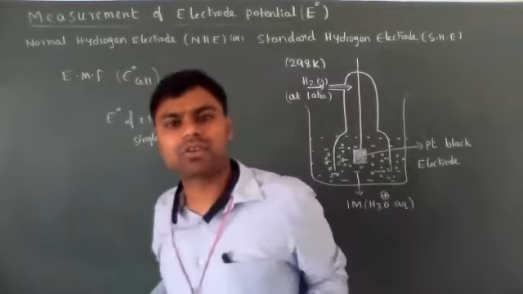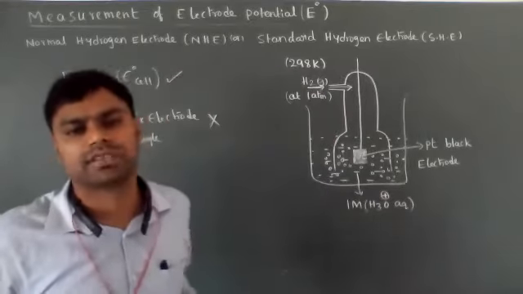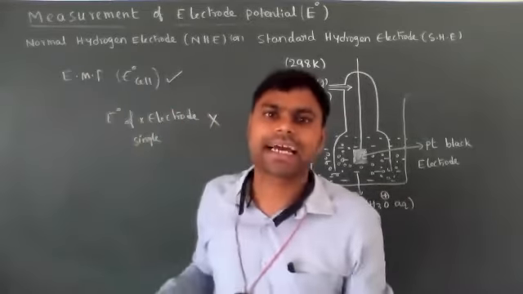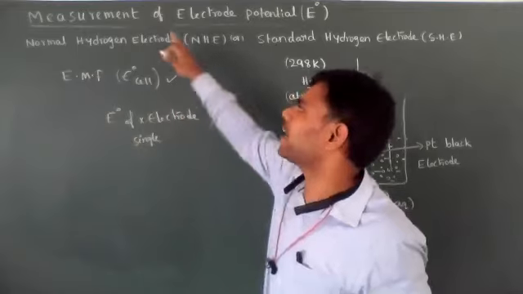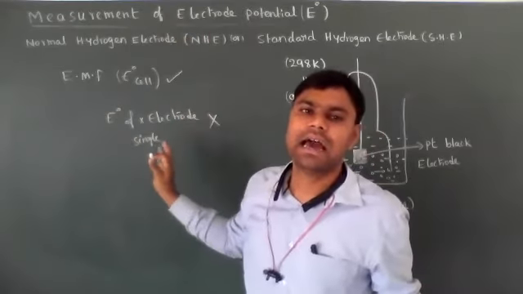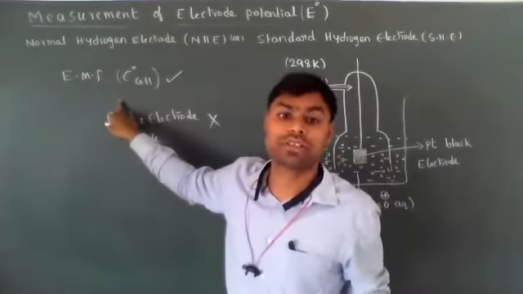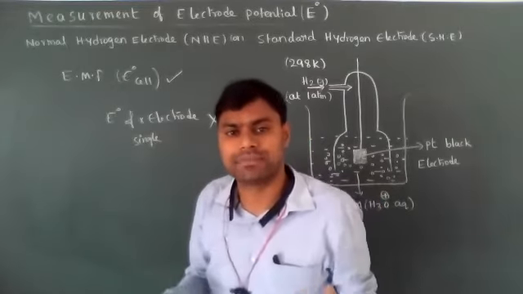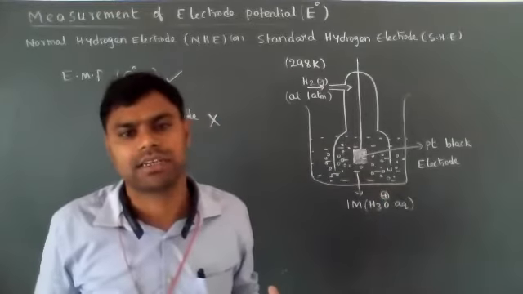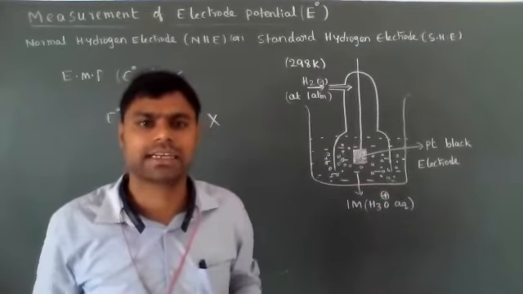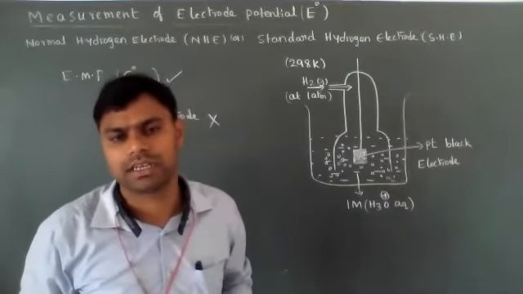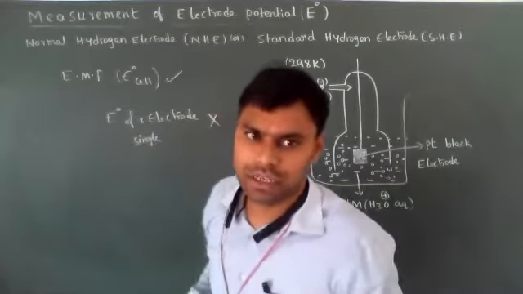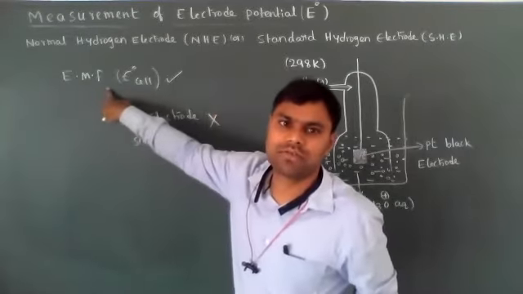For single electrodes, either metal or non-metal electrodes, their electrode potential values we cannot measure directly, but the electromotive force of the cell we can calculate. The electromotive force is the difference between the reduction potentials of cathode and anode. That is called the electromotive force of the cell.